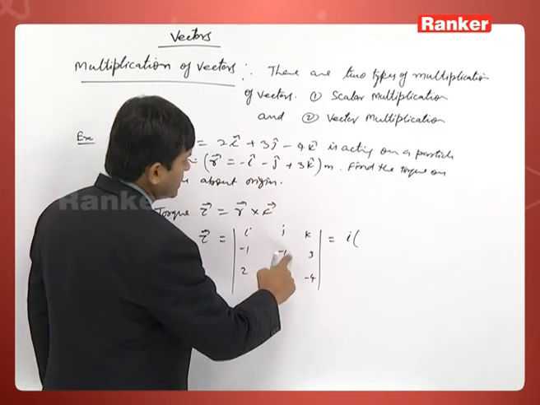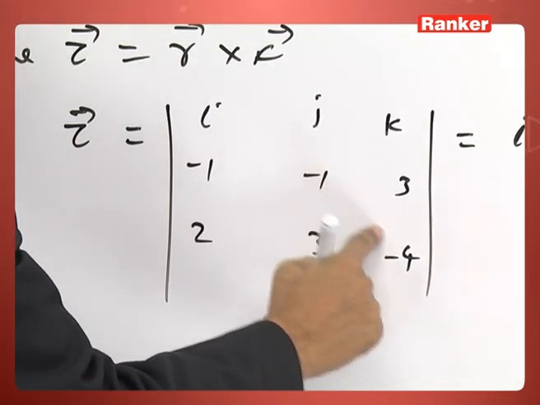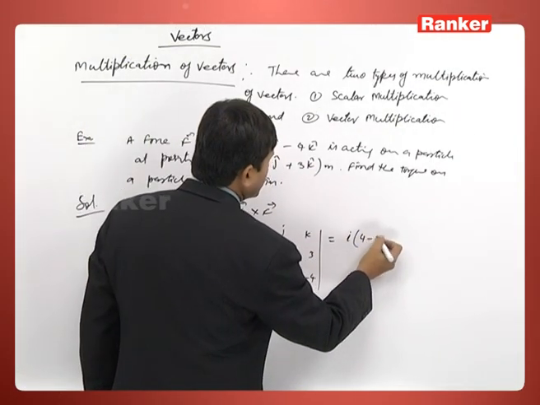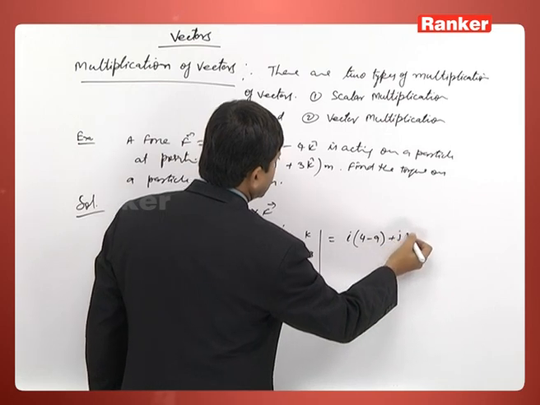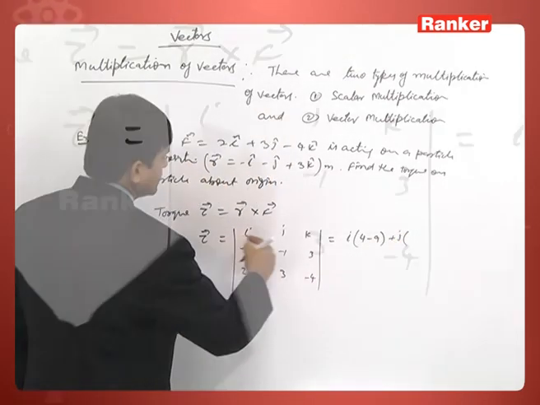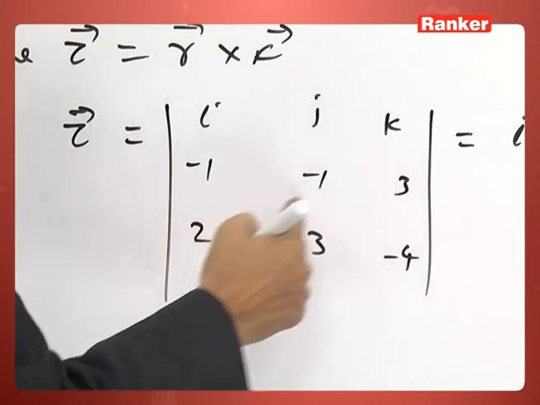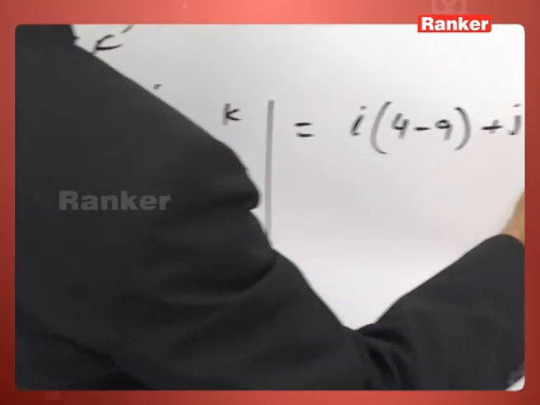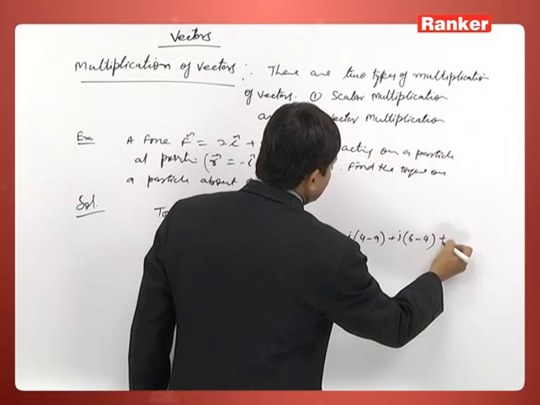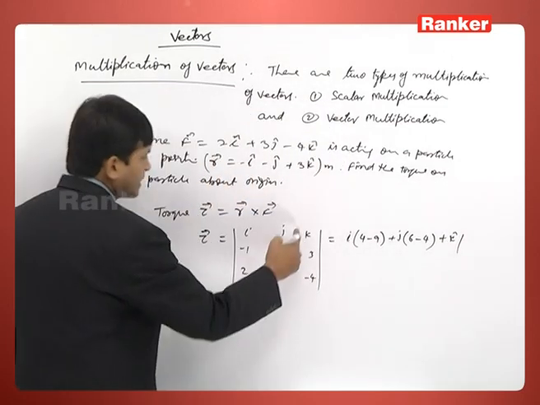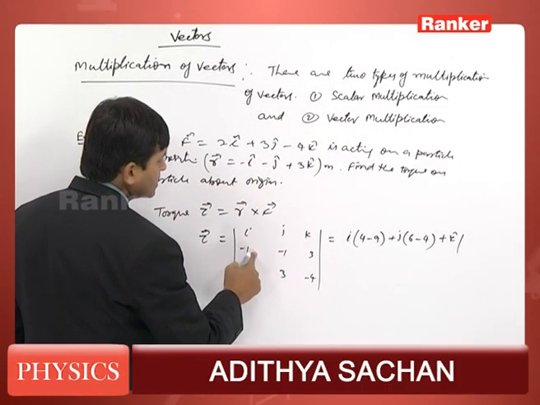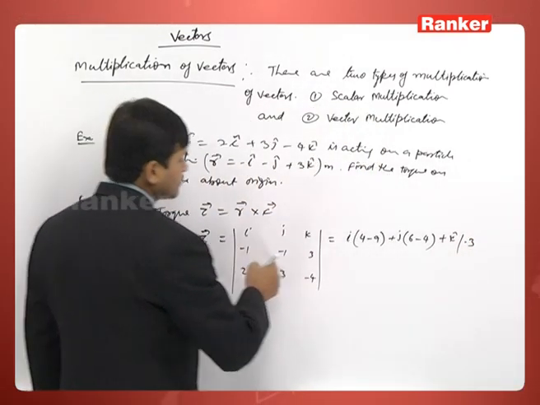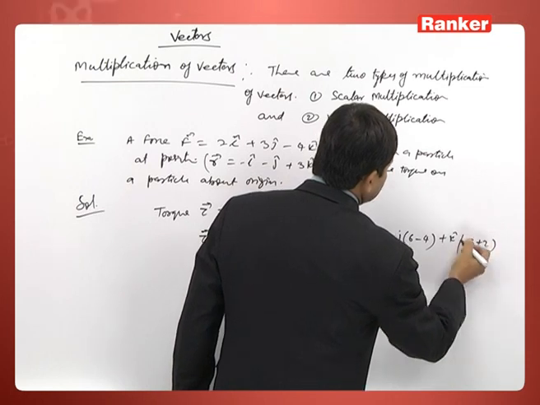First take i common, this into this minus this into this: minus 1 into minus 4 is 4, minus 9, so 4 minus 9, plus j. Next j from here to here, 3 into 2 is 6 minus minus 4 into minus 1 is 4, so 6 minus 4, plus k cap. So minus 1 into 3 is minus 3, minus 3 minus of minus 2.